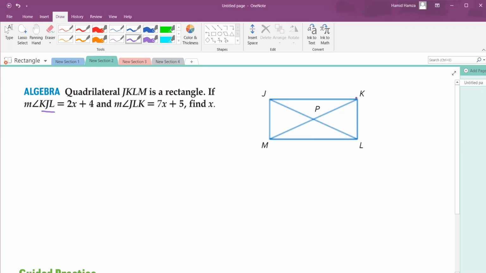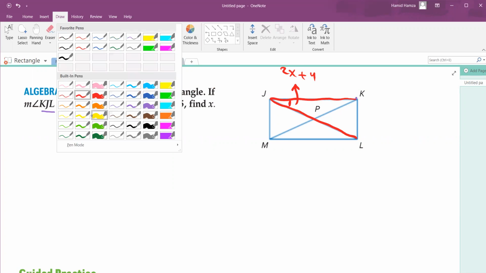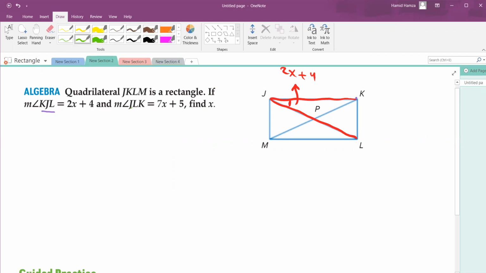We start with K, then we go to J, then we go to L. So that means this angle is 2x plus 4. The second angle is JLK.